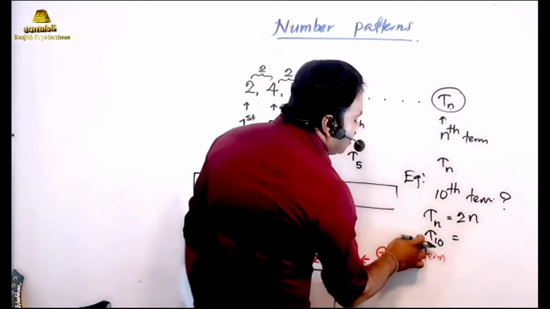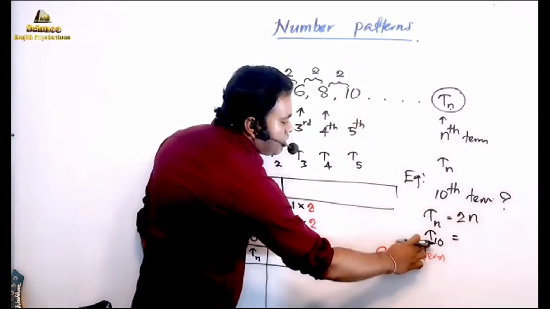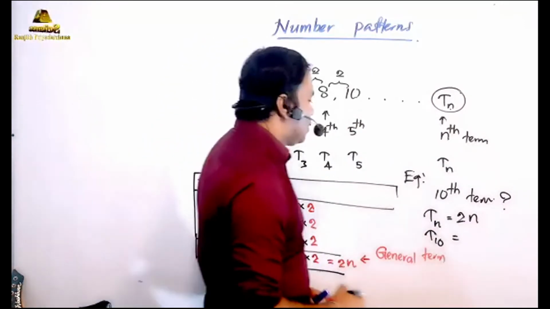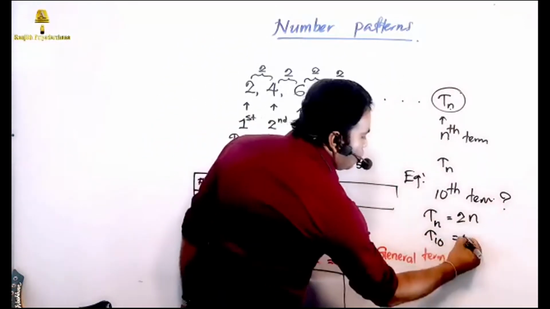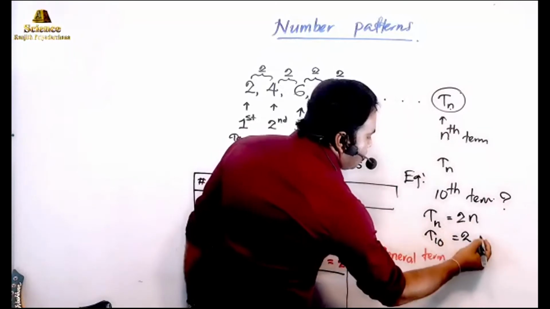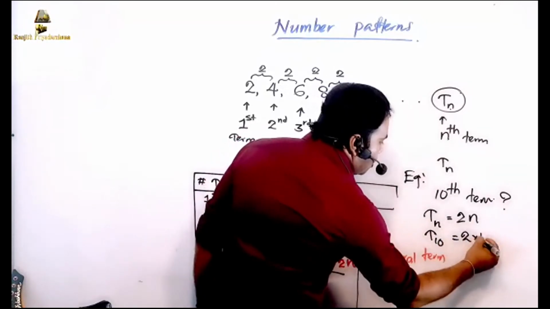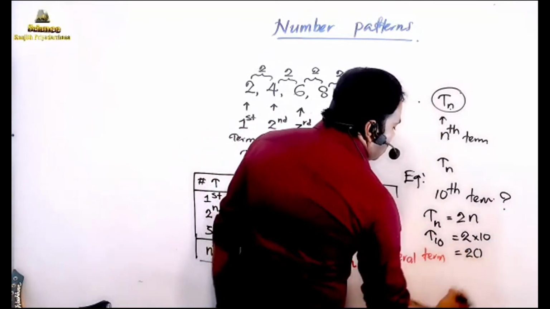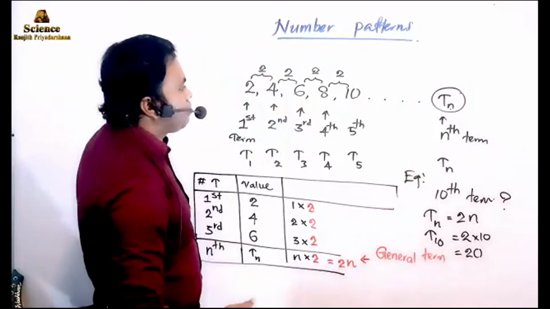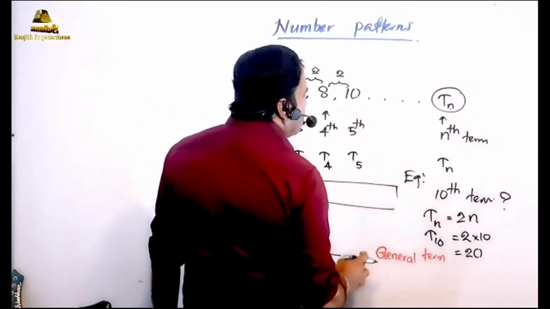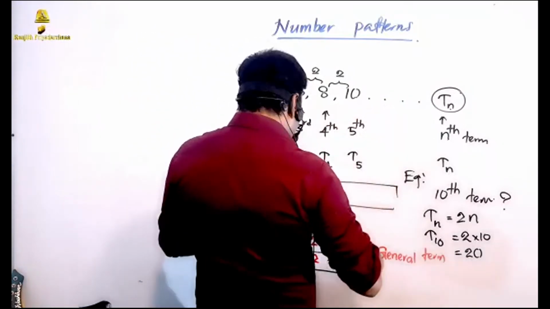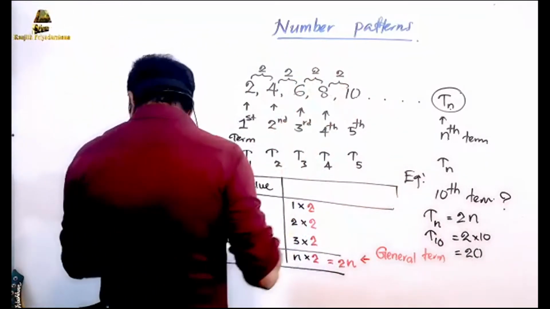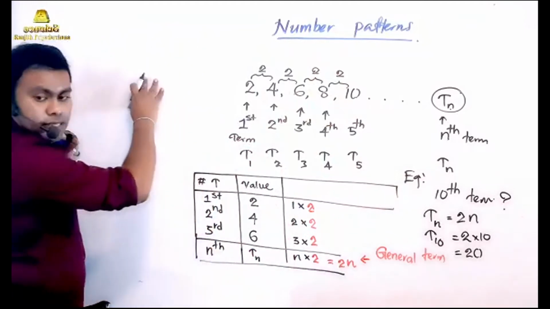So what's the meaning of this? Apurva, what's the meaning of this? 10th term. Yes, 10th term. So you can write 2 times, what's the number of the term? That's 10. Yes, then you end up with the answer 20. So the 10th term is 20. If you continue to write, you can see that... මේක නිසා මම එතන ලියන්නේ නැහැ. Okay, let's write that here.